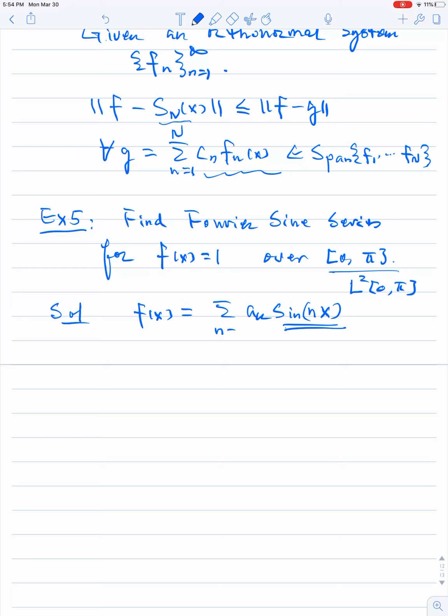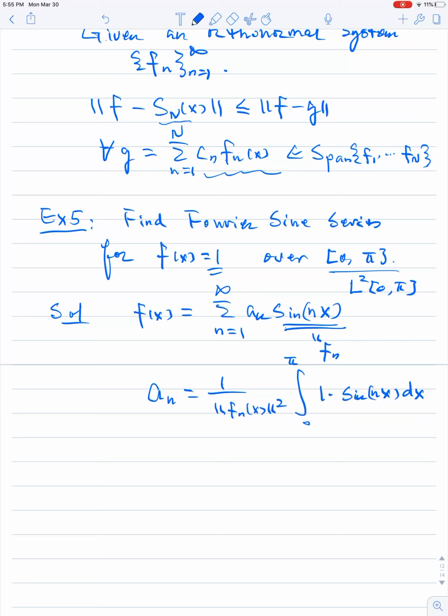And then the coefficient a_n is given by one over the norm of f_n(x) squared, times the integral from 0 to pi of f inner product with sine nx dx.